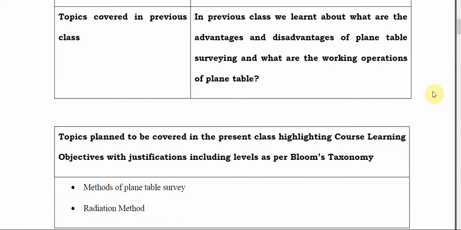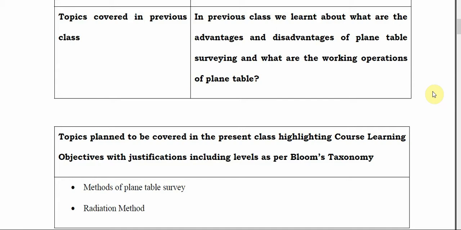Before we start with today's lesson, which is on various methods by which plane table surveying can be done, and we'll be studying one of the methods, that is radiation method, in detail.